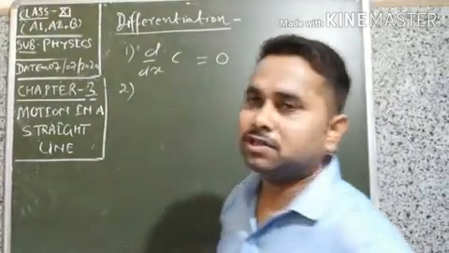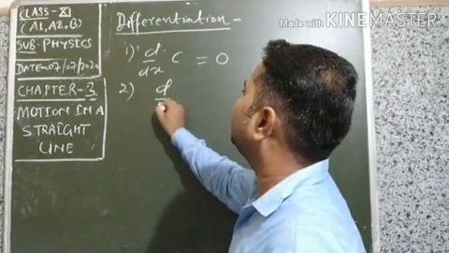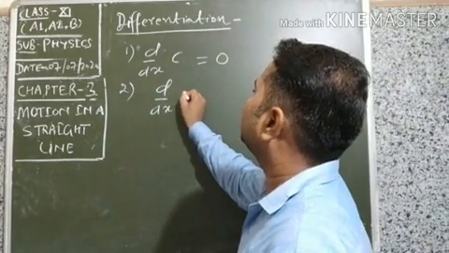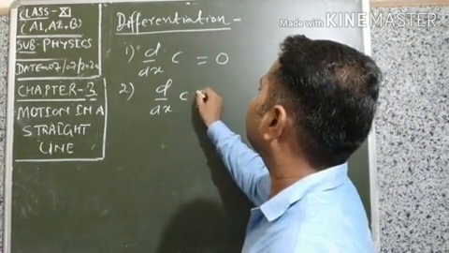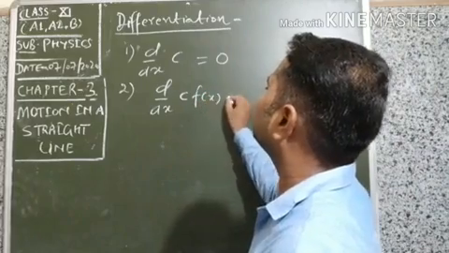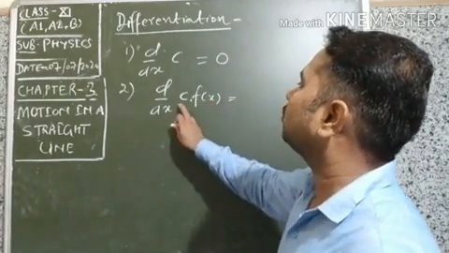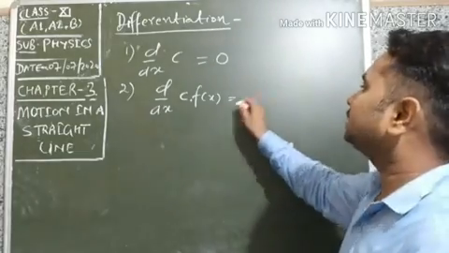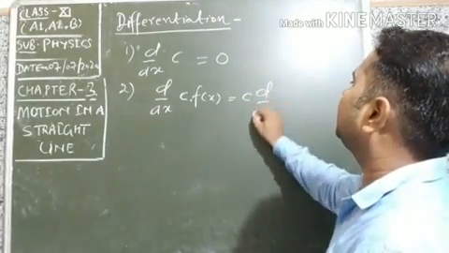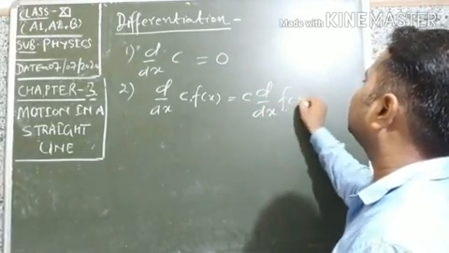The second rule we discussed is d dx of a constant number multiplied with a function of x. This is a multiplication of a constant with a function of x. It is equal to c d dx of f(x) only.